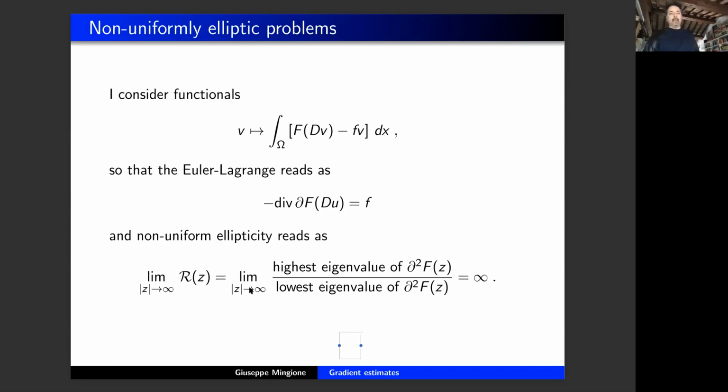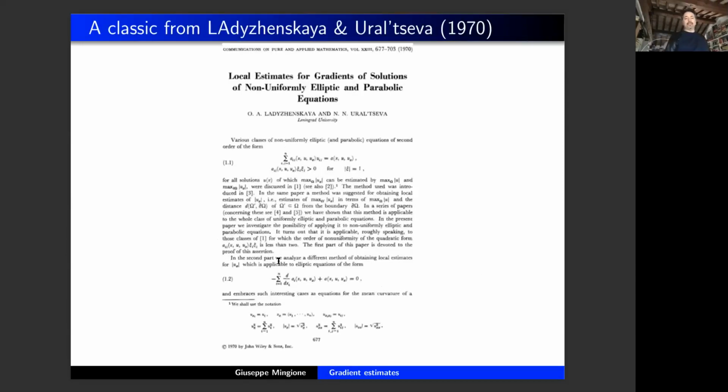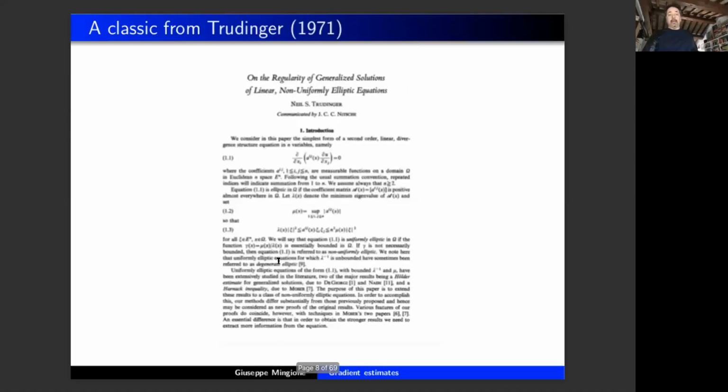Okay, non-uniform ellipticity is a classical topic, and there are very many papers. For instance, originally it was considered in the setting of minimal surfaces because the minimal surface operator is a non-uniform elliptic operator. And then there are classical papers, for instance, by Ladyzhenskaya and Ural'tseva, by Neil Trudinger.